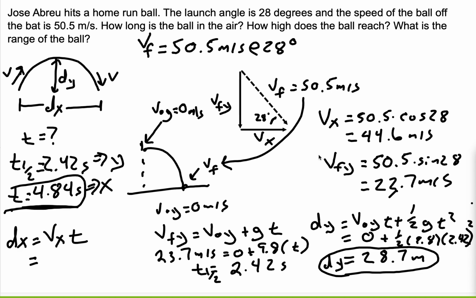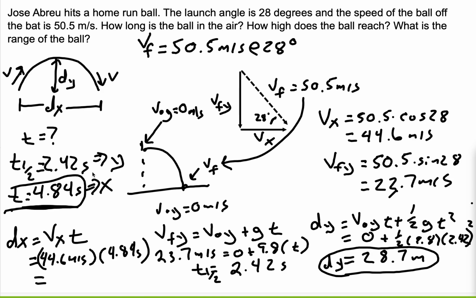So if I take the Vx, which we already found over here, 44.6, and then I times it by the time, and in the X direction we have to use the whole time, that will give me the range. It'll give me the distance it fell from the person hitting the ball. Can someone tell me that? Wait, isn't it Vx equals dx over t?